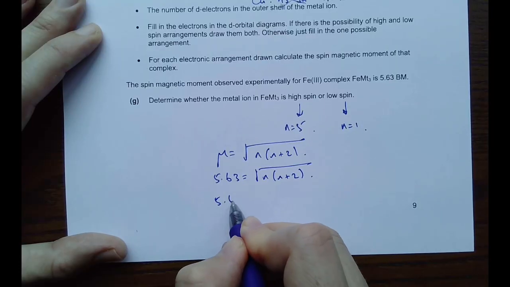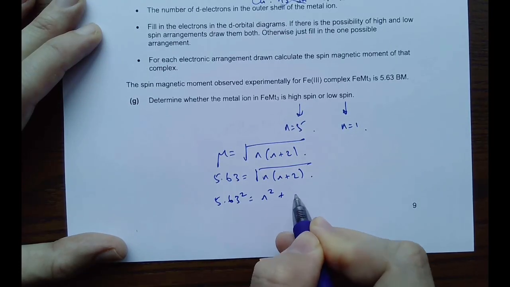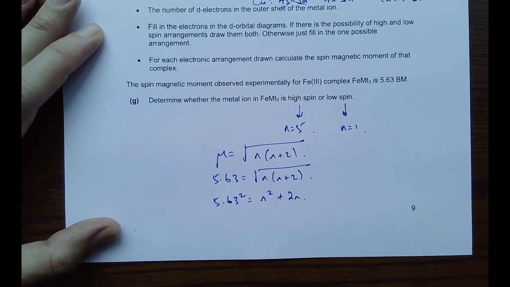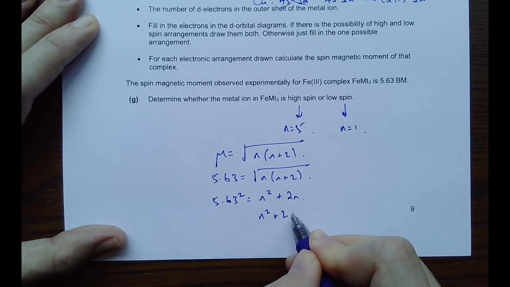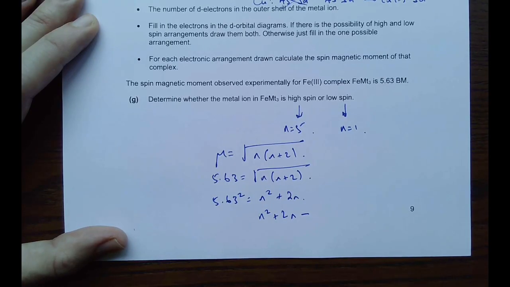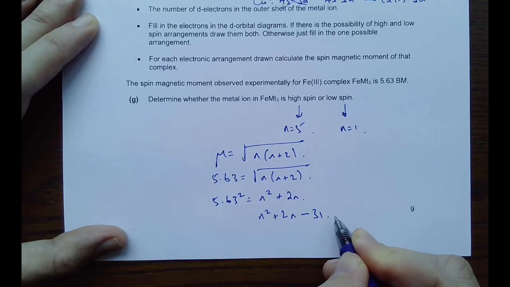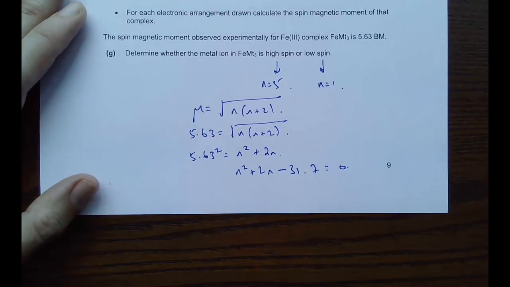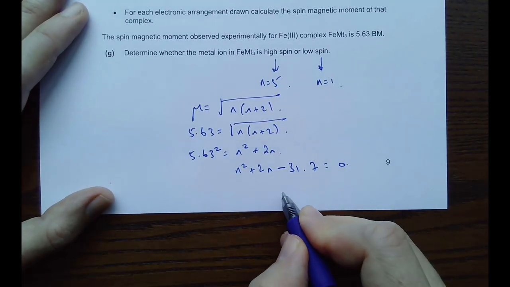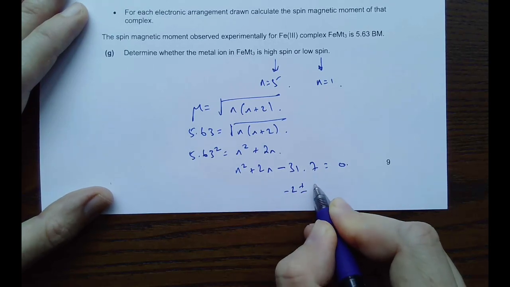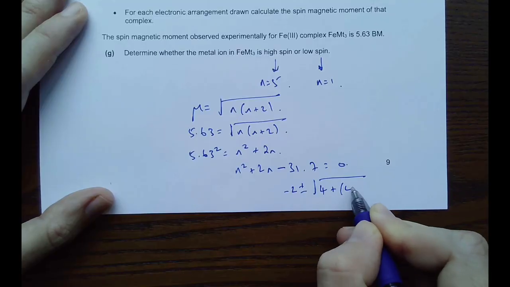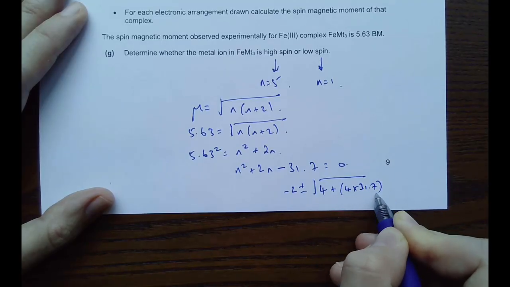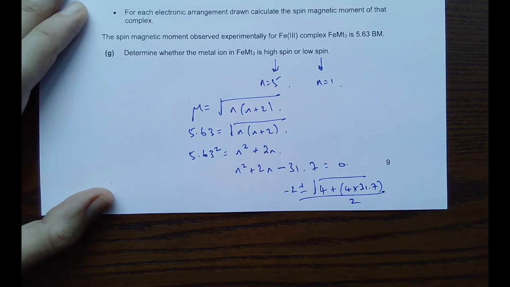So 5.63 squared equals n squared plus 2n, which is then n squared plus 2n minus 5.63 squared, 31.7, equals 0. Do the quadratic formula, so you get minus 2 plus or minus the square root of b squared, take 4 times 31.7, over 2.